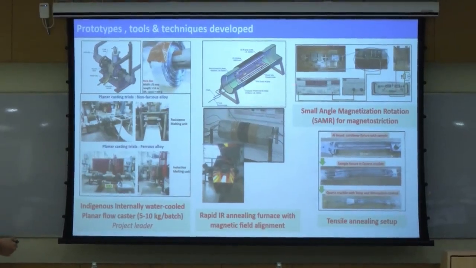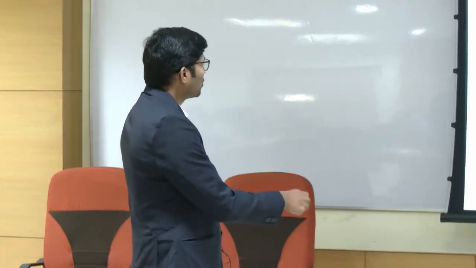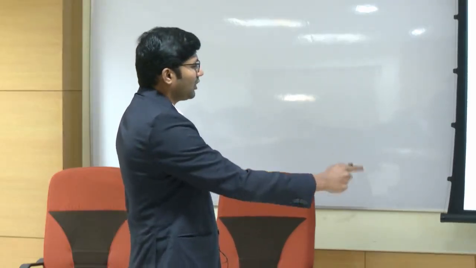So for magnetic measurements, we ourselves assembled the SAMR technique, a tensile annealing setup, IR annealing furnaces, and we have indigenously developed a water-cooled planar flow caster to produce continuous strips at a semi-industrial scale. This is used for both amorphous material as well as neodymium strip casters. Thank you.